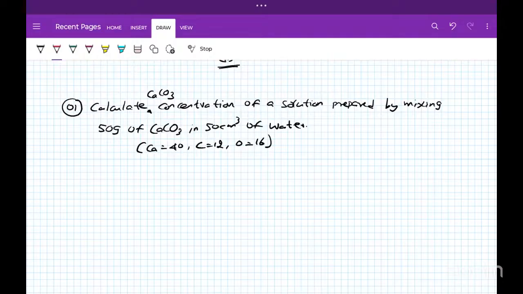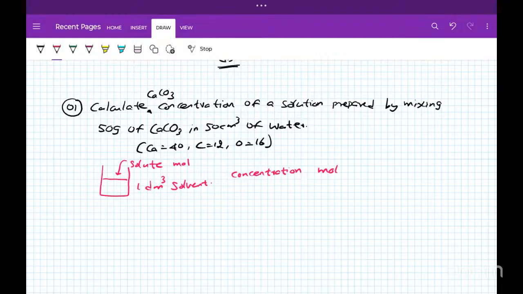So we can say the concentration means how much of solute is dissolved in 1 cubic decimeter of solvent. That is the basic idea. The amount of solute is measured in moles. So therefore, concentration is measured in moles per cubic decimeter.